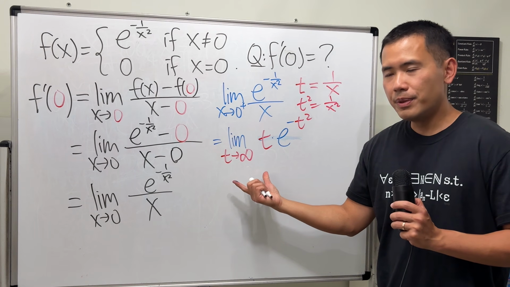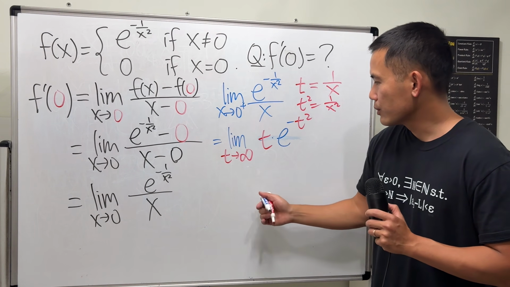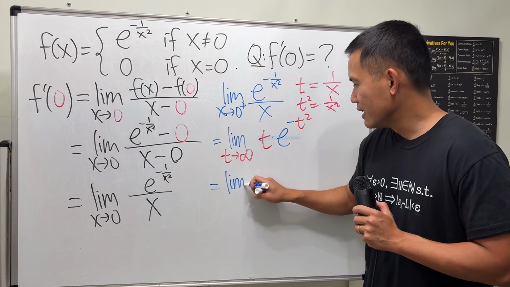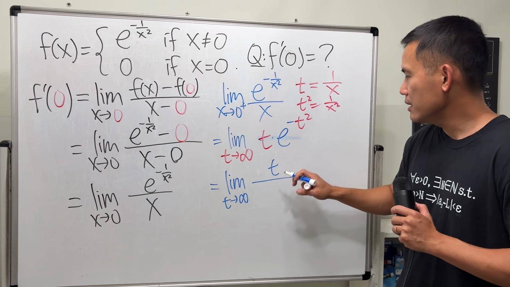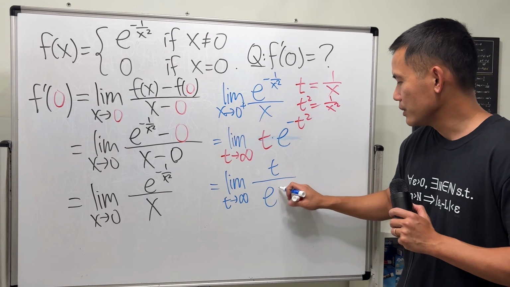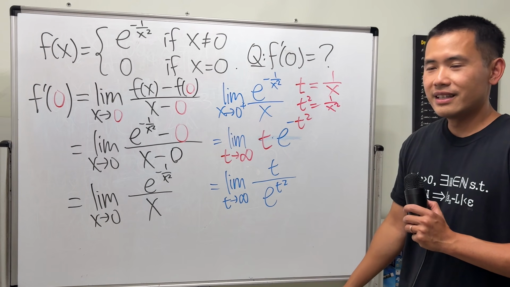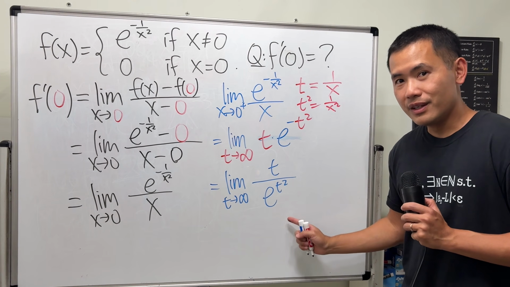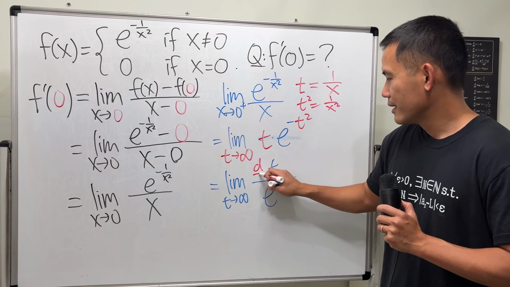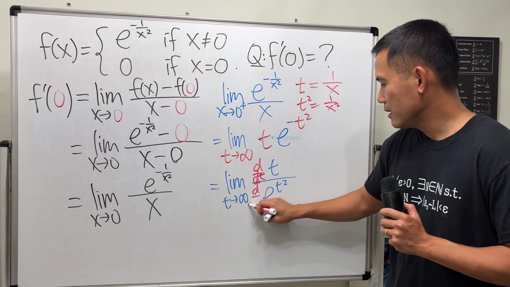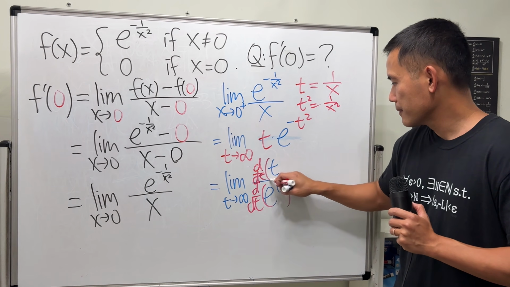So now this is actually better, because if I bring this down to the bottom, we get the limit as t going to infinity. The top is t, the bottom is e to the t squared. We get an infinity over infinity situation. I will do L'Hopital's rule here. d dt, d dt.